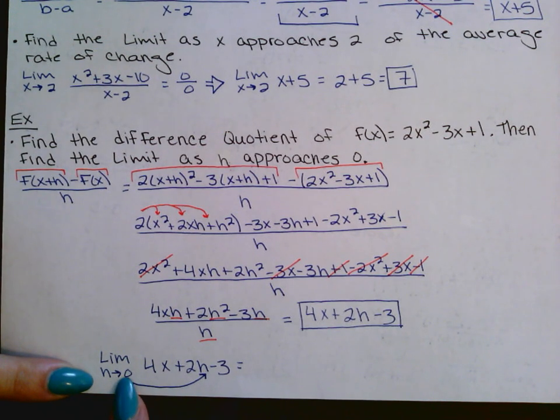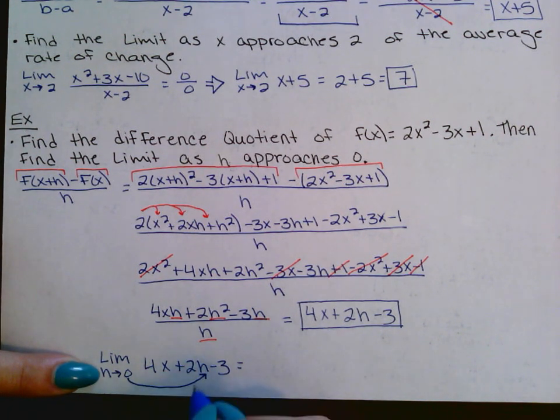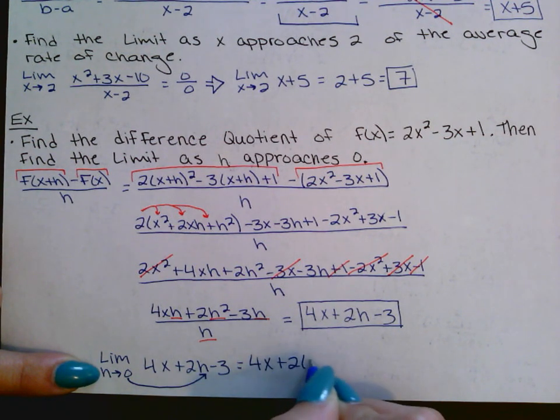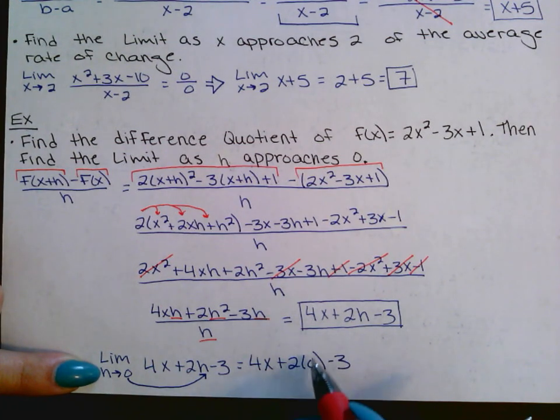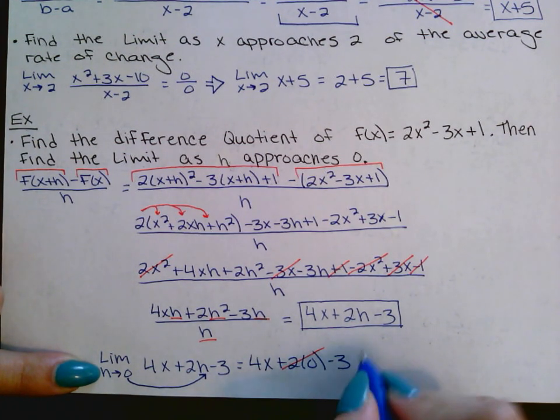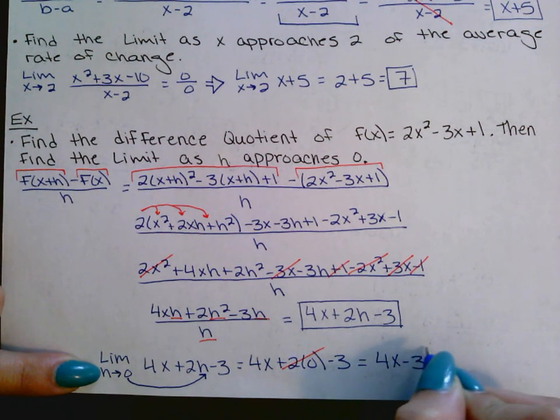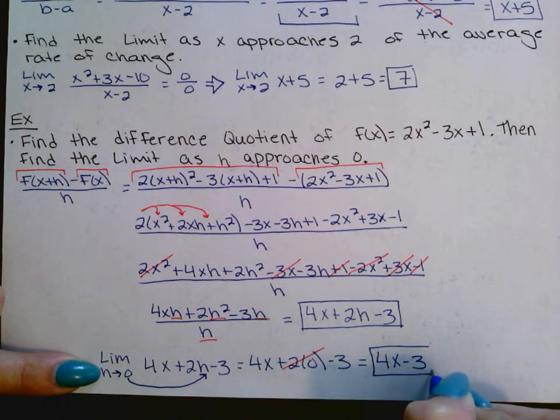And like I said, you can only plug 0 into an h because that's the letter that's here. If there was an x here, I could only plug it here. So this is going to give me 4x plus 2 times 0 minus 3. This part cancels out. And so I am left with 4x minus 3 as my final answer for the second part of this question.